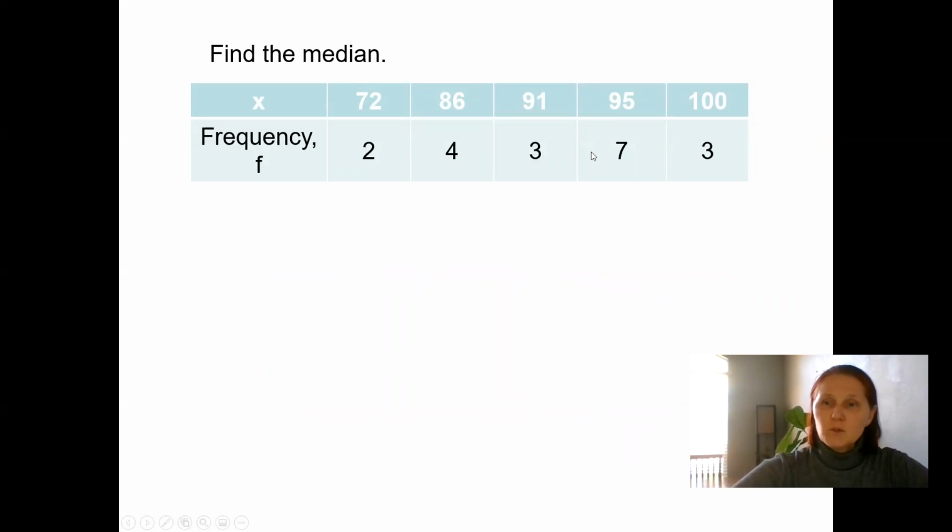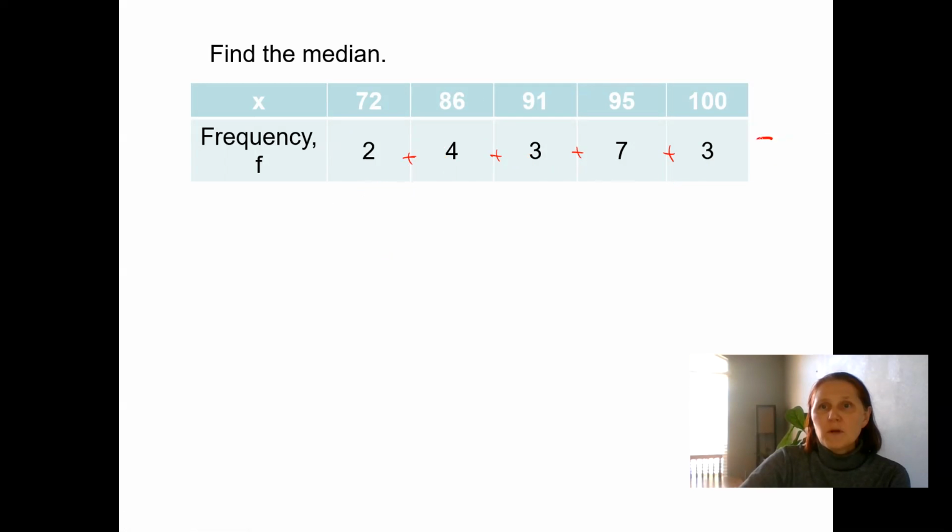It can be difficult to determine the median for a set given by a frequency table, because do not forget that we do not have here 5 values. We have much more. We should add the frequencies to determine how many values we have here: 7 plus 10 and 2, 19.